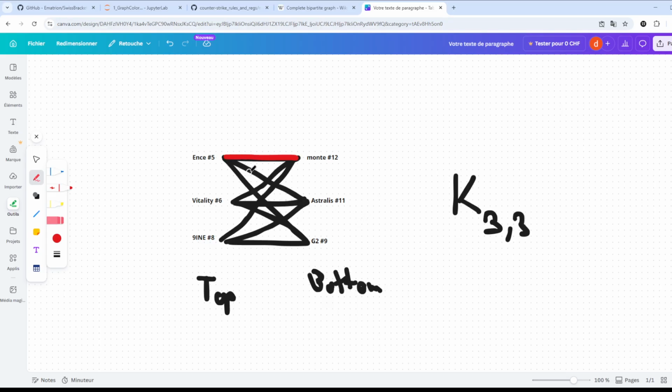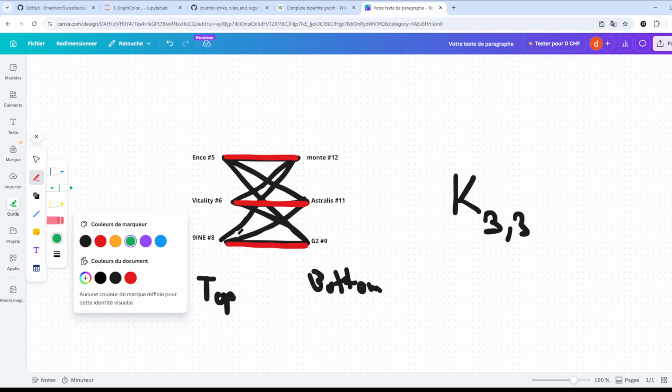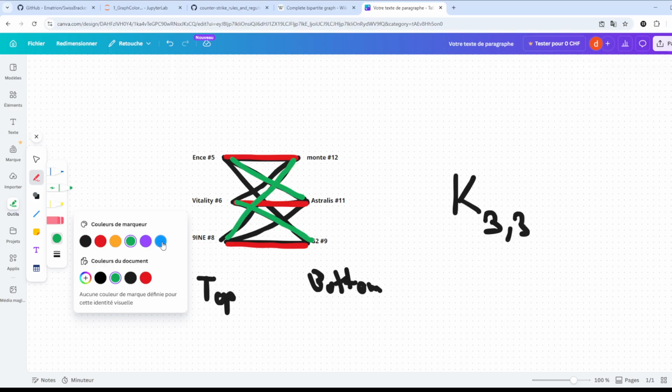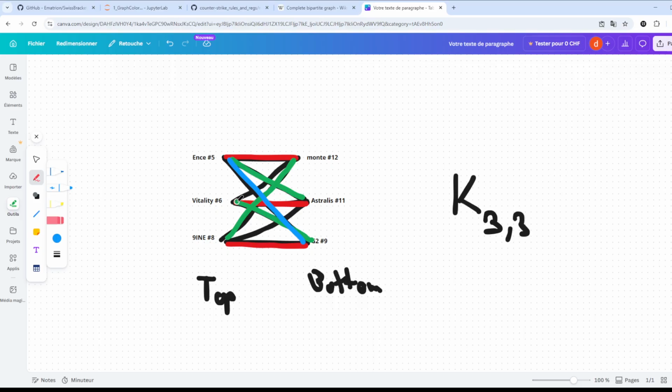So I cannot draw this one with red because then it touches here. So I can draw this with red and this with red. Okay, I'll switch color. I will do green here, and I will put blue here. This is a proper n-edge coloring with n equal 3.